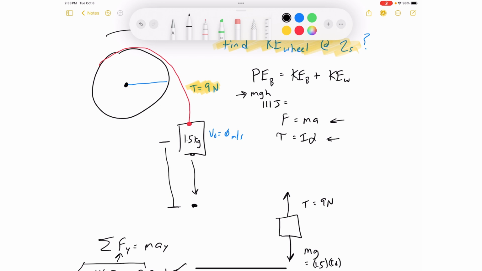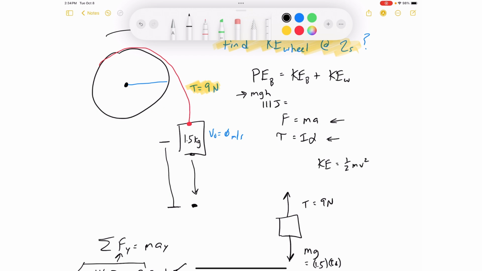But then it got converted into kinetic energy of the block and the wheel, right? So what's the kinetic energy of the block? Well, you may remember the kinetic energy of linear motion of the block is 1/2 mv squared.